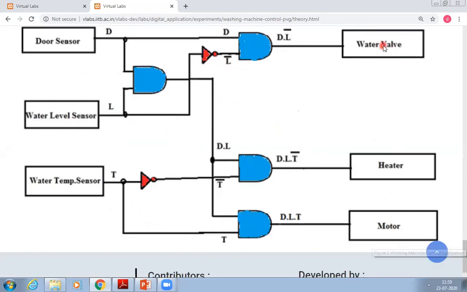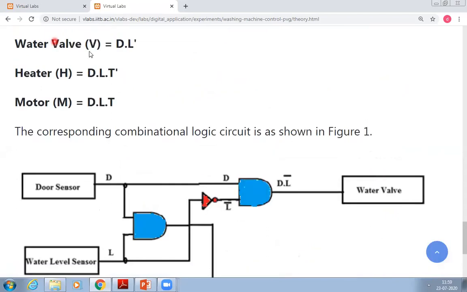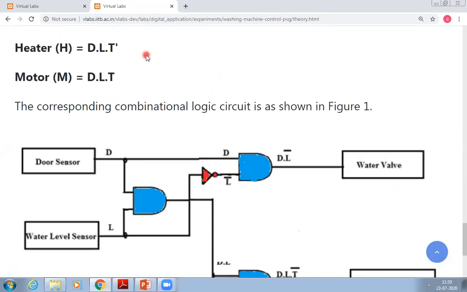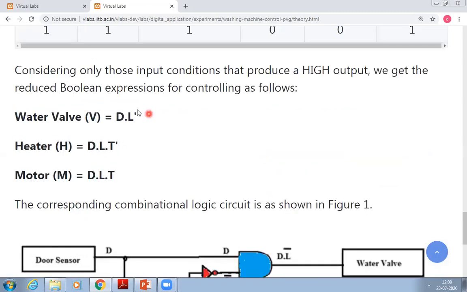So to turn on water valve, what is the condition? Door must be closed and water level must be low. So see here, this is door D. You require one AND gate. Here it is a two input AND gate we require, D and L bar. So which gate is required?